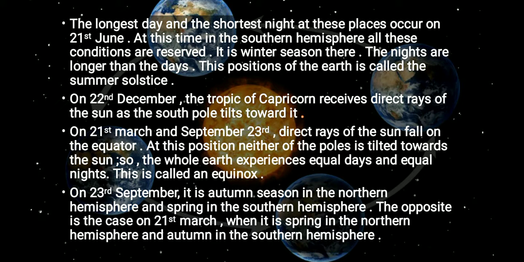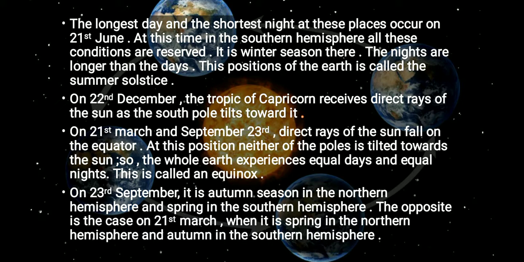One more thing which is noticeable, that on 21st March and 23rd September, generally in the months of March and September, direct rays of the sun fall on the equator. So at this position, neither the pole is tilted towards the sun nor any particular circle like the Tropic of Cancer, Tropic of Capricorn or Arctic Circle.